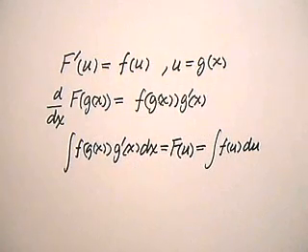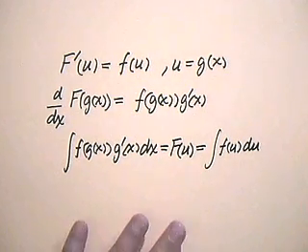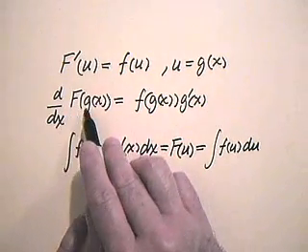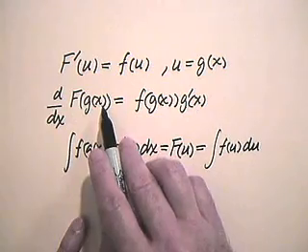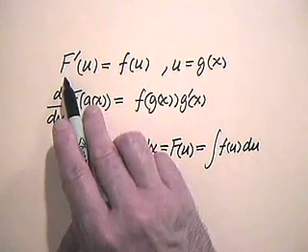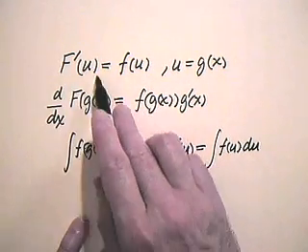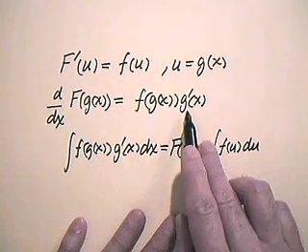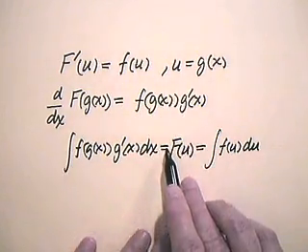So suppose capital F prime of u is f of u and u is g of x. Then the derivative with respect to x of capital F of g of x by the chain rule is capital F prime at g of x. Well, capital F prime is little f, so that's little f of g of x multiplied by g prime of x.